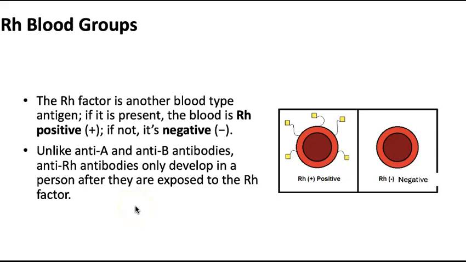And of course, we have to talk about the Rh blood groups. So you may have heard of a blood type being either positive or negative. When we have blood type that's positive, that means it has another antigen on here that represents Rh. Sometimes this is called antigen D, as in dog. If we don't have this antigen present, then it is going to be Rh negative.